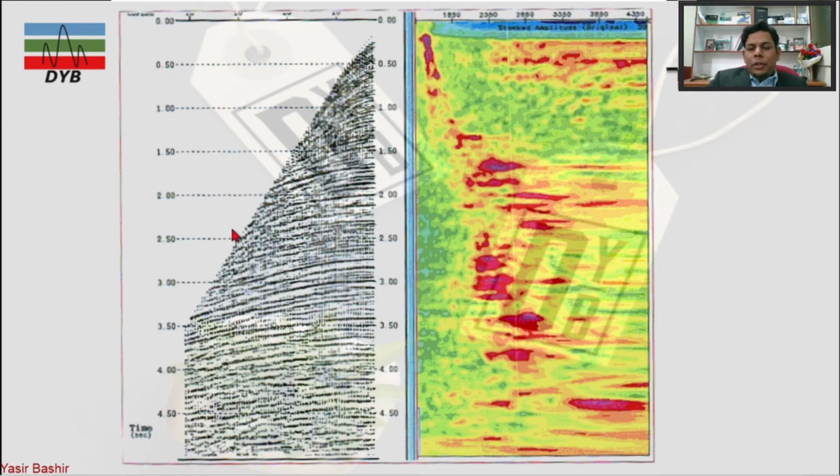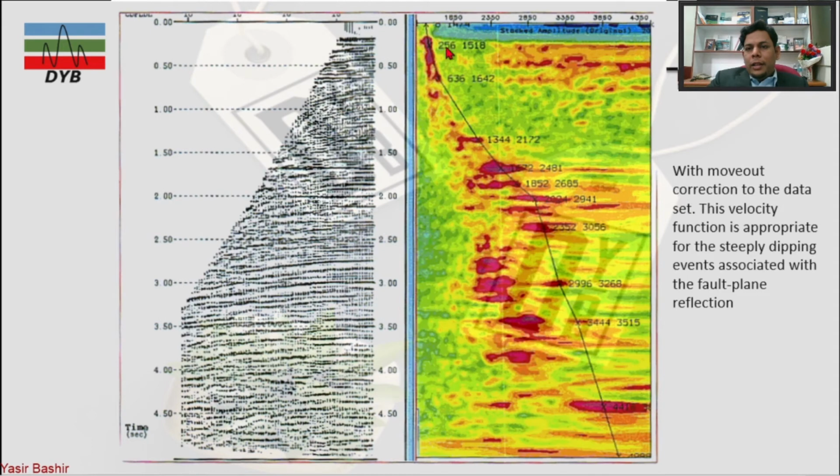Now we are moving to a complex example. Let's say this is another example. Here you can see in the semblance plot you have higher velocities like this one over here, so you don't know which trend you have to follow, either this trend or this trend. Let's say we follow this trend. When you click on this semblance plot, you will get the velocity and the offset as well.